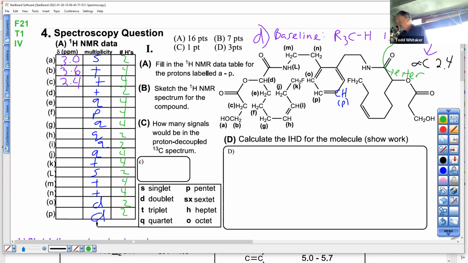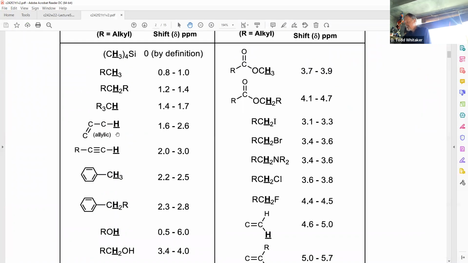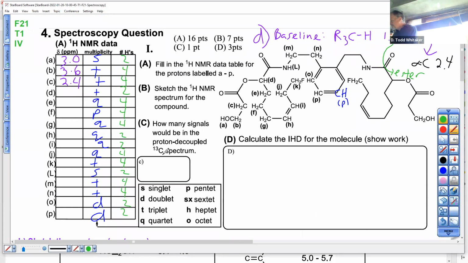You agree? Round D. H attached to a C attached to an O. That's an ester. Find it. H attached to C attached to an O. That's an ester. We're over here, people. 4.3 is the middle of that ish. So that jumps to 4.3.